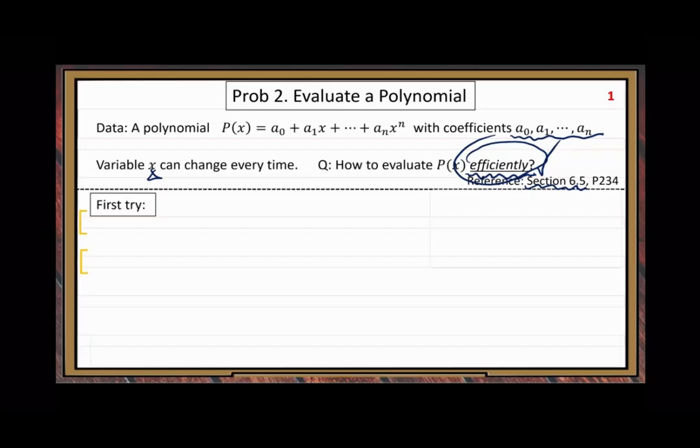When we start at the beginning, because we do not have a good idea how to solve the problem, for our first try we only want to see how to solve it correctly, not efficiently, because efficiency is our second round.